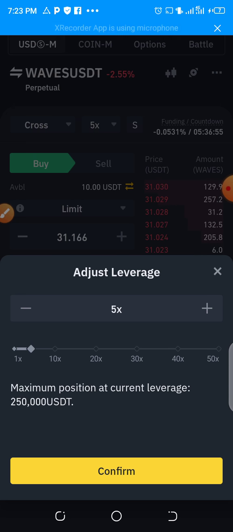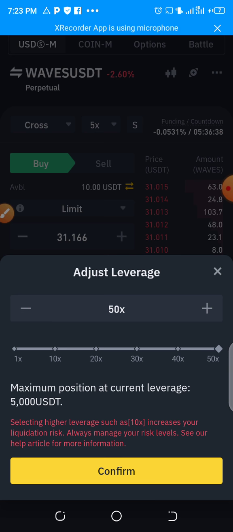So what happens is that if you increase this leverage, for instance, from 1x to 50x, it means you can even use $1 to make $1,000. That is if you move the leverage from 1 to 50, and if the trade goes in your favor, you make that, but it's very high risk. It means that if the trade goes against you, whatever money you have will be wiped out.